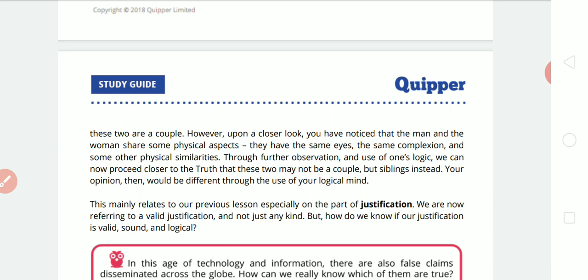Like for example, they have the same eyes, the same complexion, and some other physical similarities. Through further observation and use of one's logic, we now proceed closer to the truth that these two may not be a couple, but siblings instead. Your opinion then would be different through the use of your logical mind.